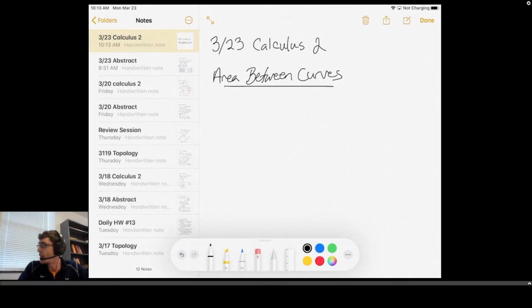But I want you guys to think about these almost like a related rates or optimization problem, where the first thing you should really do is try to draw these things. And if you don't know exactly how to draw them, then maybe find the intersection points first using algebra. But basically, before you actually set up the integral, you should be drawing something. So make sure you draw the picture before you set up the integral.